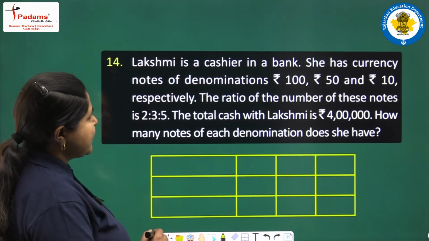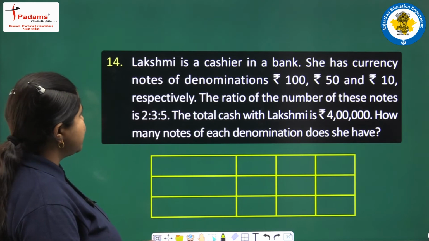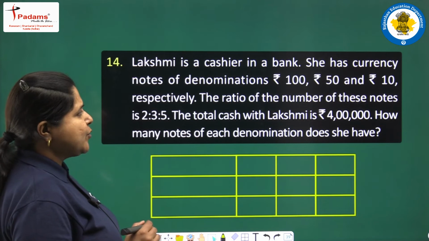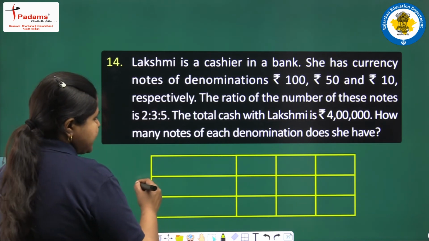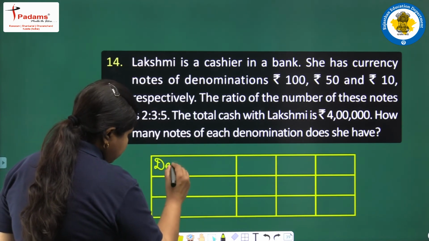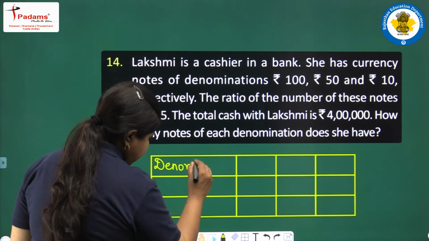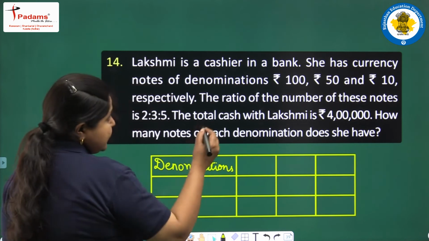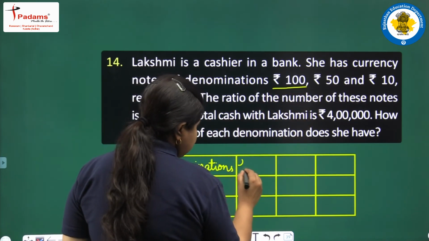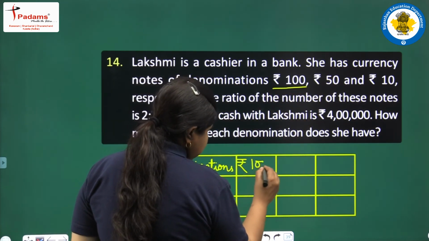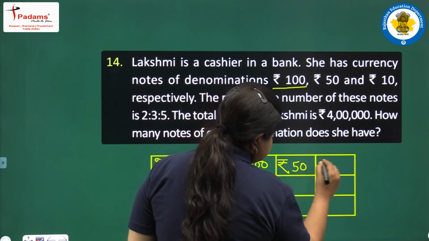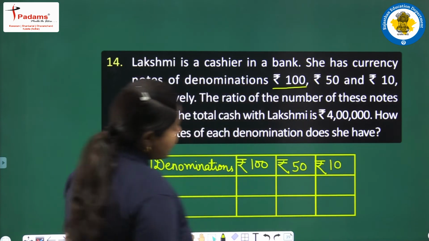Lakshmi is a cashier in a bank. She has currency notes of denominations rupees 100, rupees 50 and rupees 10 respectively. First we fill up the table side by side. Denominations. There are three denominations: rupees 100, rupees 50 and rupees 10. Okay.